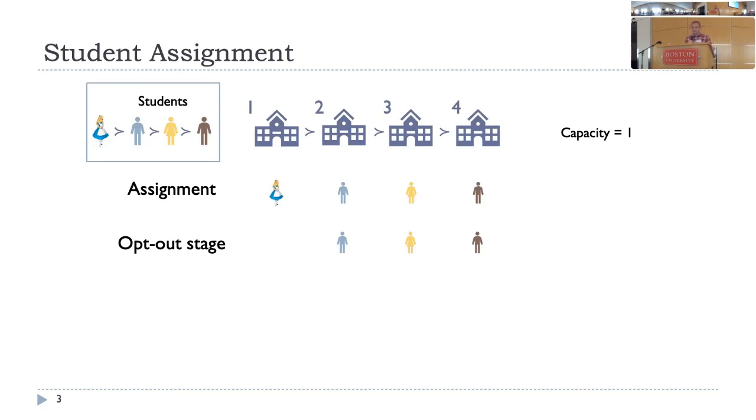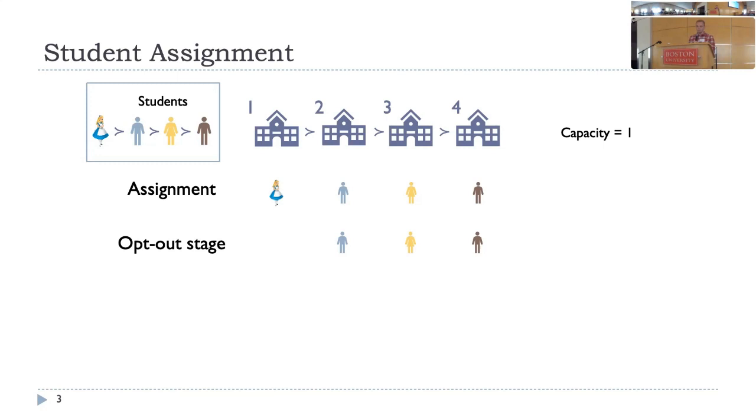For modeling purposes, we assume that this process is stochastic, so if you're a central planner trying to assign people to schools, you can't really predict what's going to happen. You can assume that each person makes up their mind with some probability. There's some randomness associated with this situation.